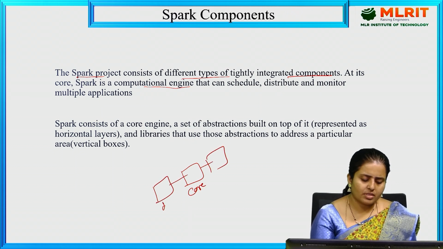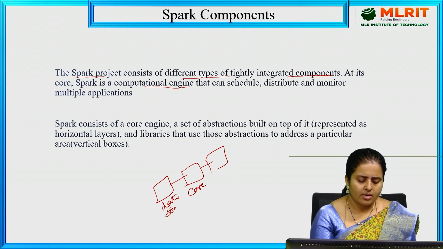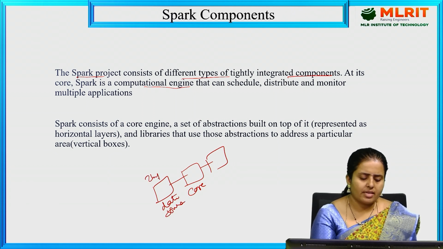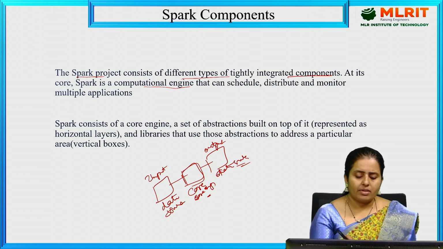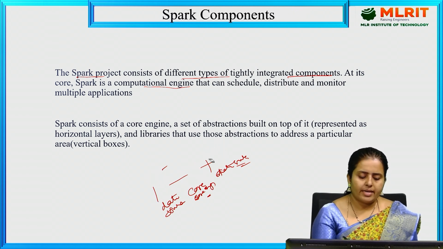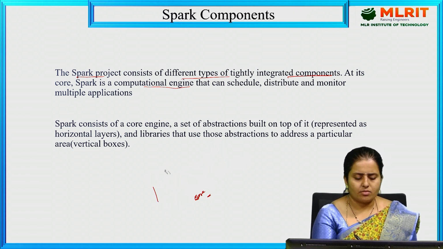The data source is nothing but the input, and the data sink is where we are storing our output data. In the middle it works as the Spark core engine, which transforms the input data into output insights.